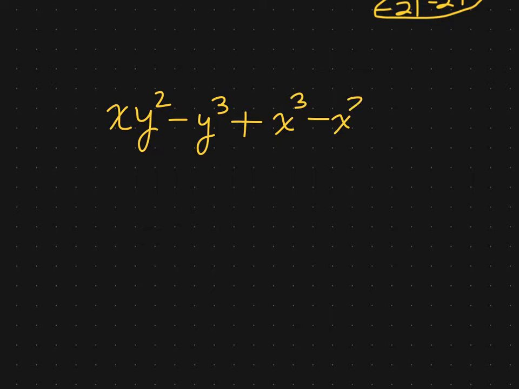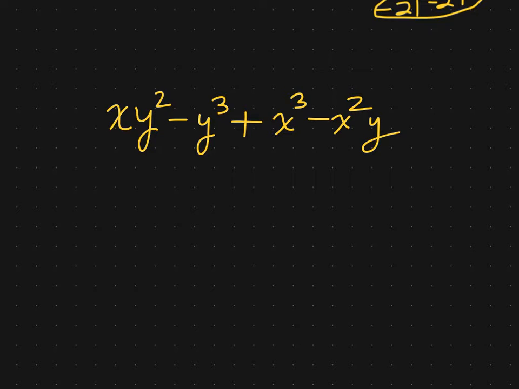Two more. Here's the first one. xy squared minus y cubed plus x cubed minus x squared y. Is there a common factor?